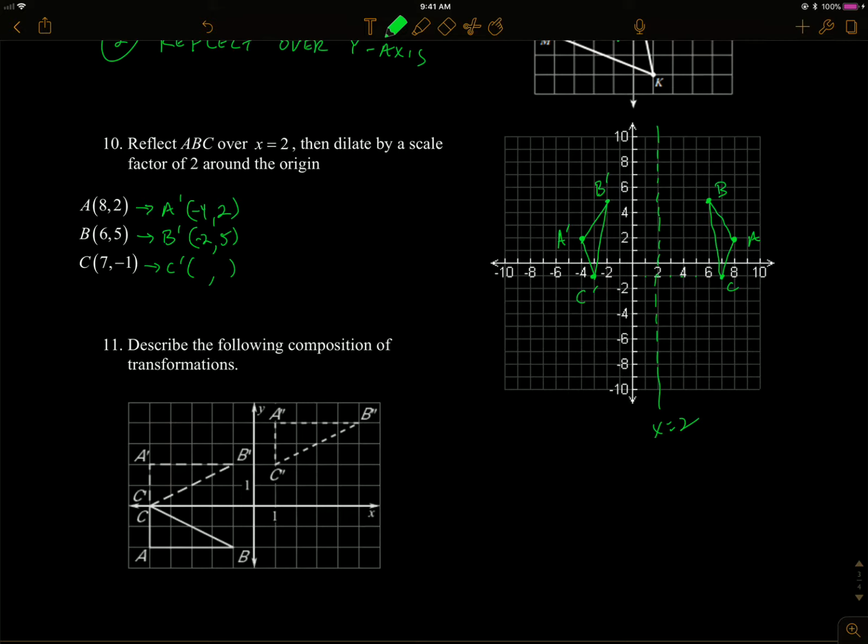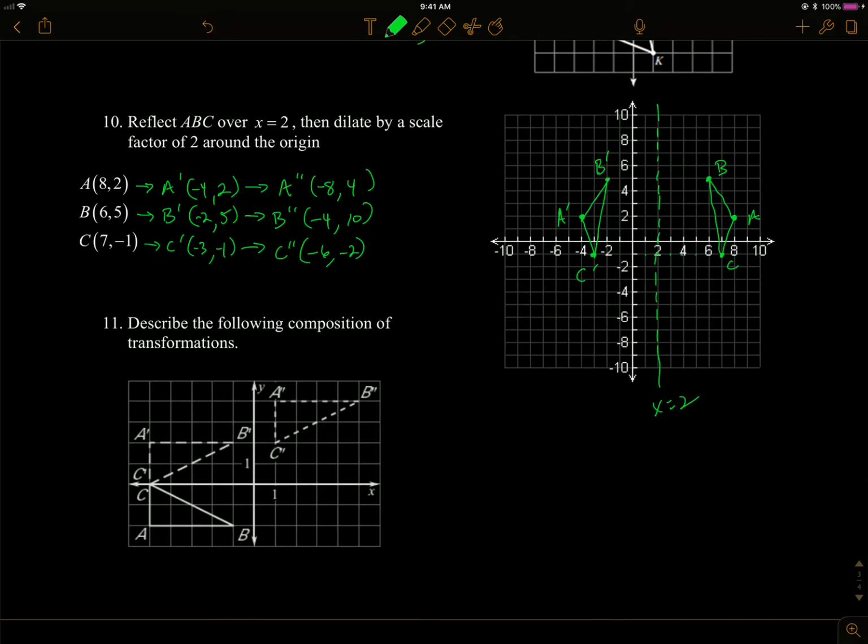C prime is now -3, -1. Now we want to multiply by a factor of 2 about the origin. So let's get our A double prime, B double prime, and C double prime. It's easier to find the coordinates first. If I multiply everything by 2, I get -8, 4, -4, 10, and -6, -2.